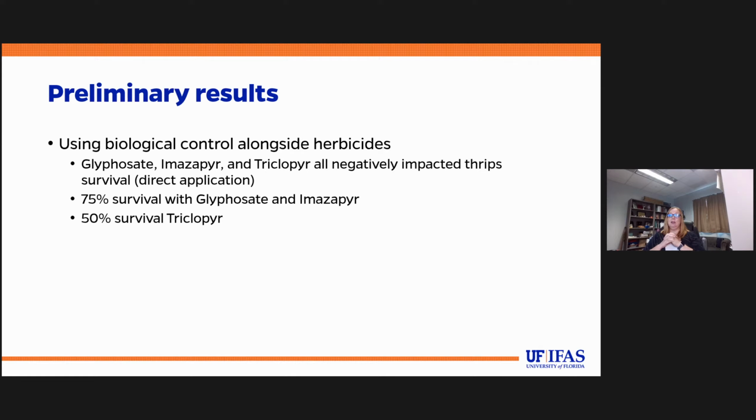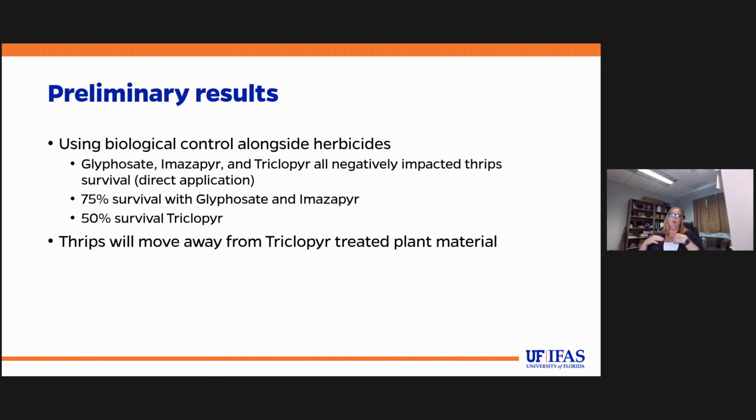It did kill 50% of the thrips with the triclopyr, which is unfortunately what most people use out in the field. However, we did find that the thrips will actually move away from Brazilian pepper tree that are treated with this herbicide. And so if we leave plants that are unsprayed, they do have the ability and will indeed move from those plants very quickly.